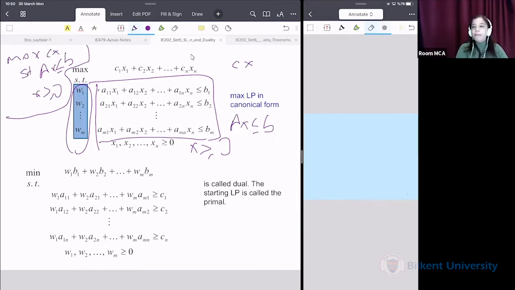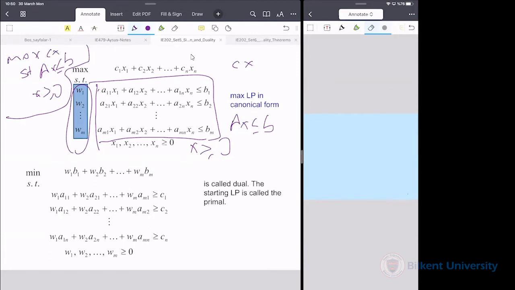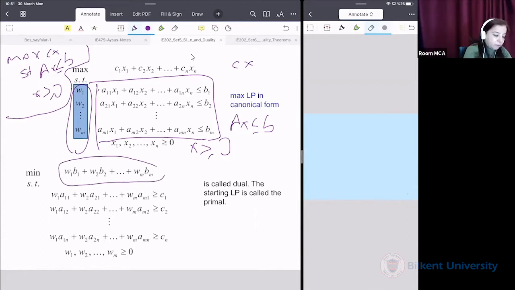Let W1 be the multiplier for the first constraint, W2 for the second, and Wm, because we have m constraints. Now, as we have seen, this becomes a bound for my objective, so I want to minimize it, minimizing WB. So we're minimizing WB.